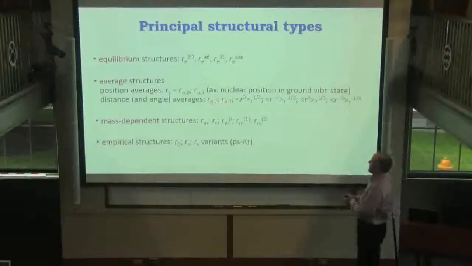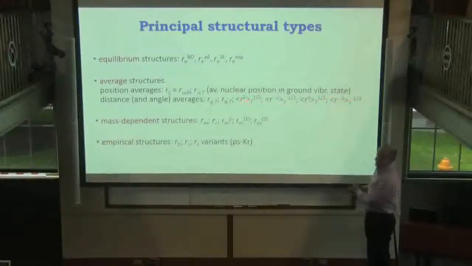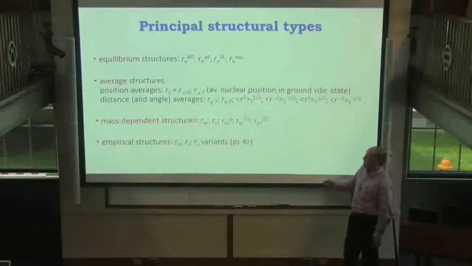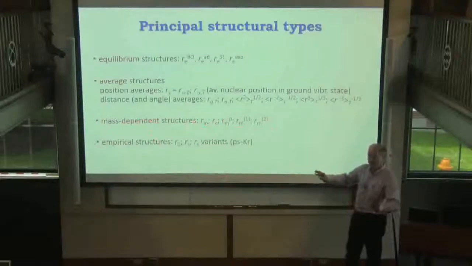There are R_g, R_a, and many of these averages which you can define. These are all temperature dependent ones. You can define the square of the distance or the inverse square of the distance and so on, and get these structural parameters. There are these mass dependent structures, again, a bunch of symbols, and they are all different, okay?